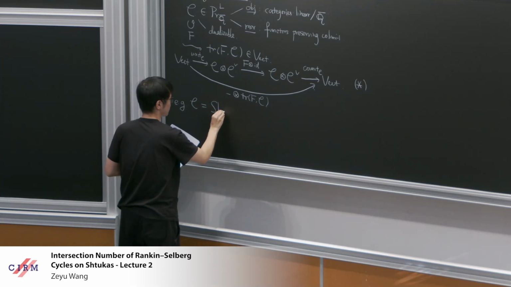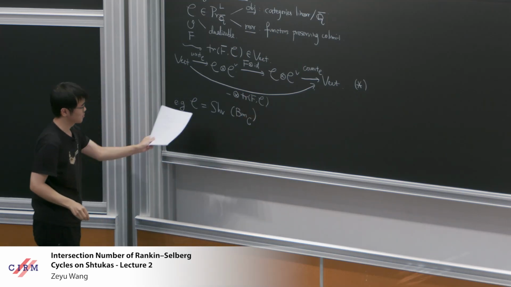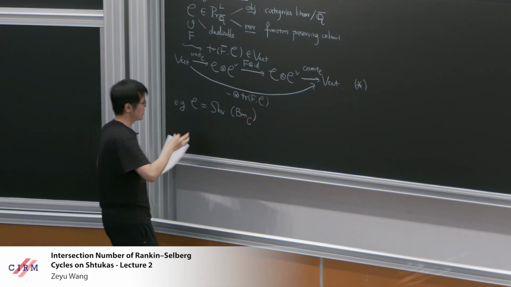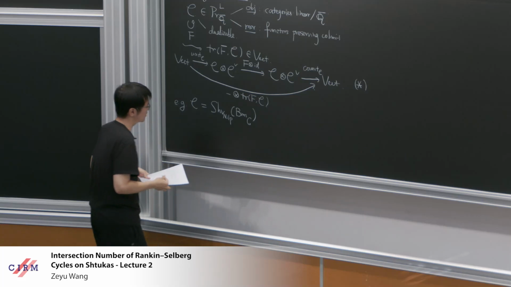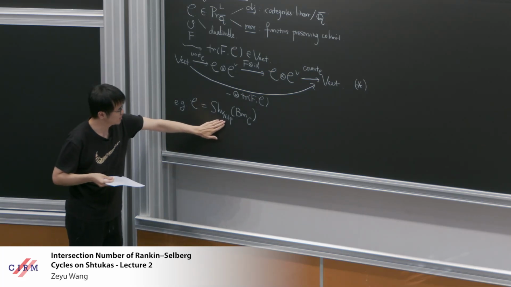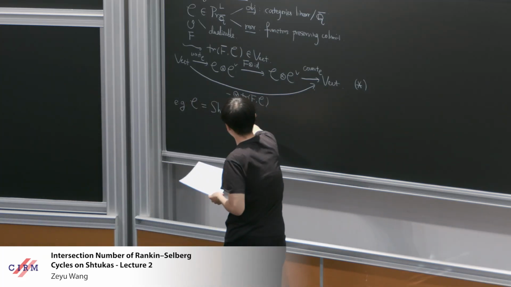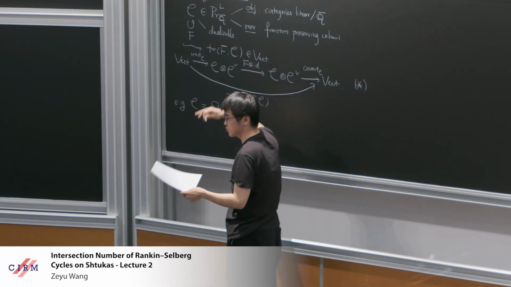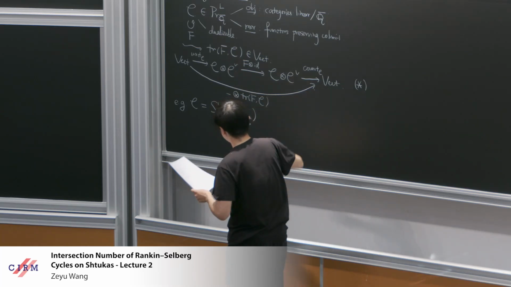So we take C to be the category of sheaves on Bun_G. It's the main focus of geometric Langlands, and you also want to put this nilpotent singular support condition. I think the idea is that the entire category of sheaves on Bun_G is too large, and you put some singular support condition to make this category smaller.